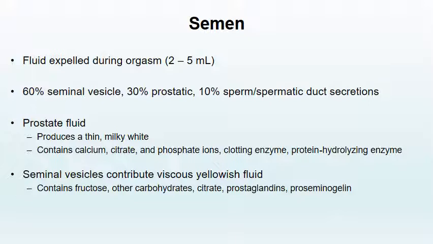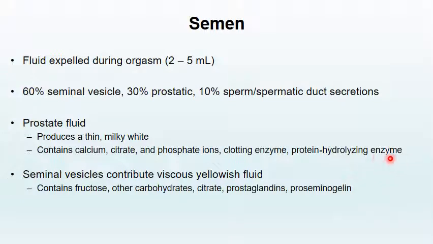So we've talked now about pretty much all the pieces of semen. During ejaculation, a male is going to release 2 to 5 milliliters of fluid. Most of that comes from our seminal vesicles. We already looked at these proportions before. The prostatic fluid, when we look at that, is sort of thin and milky.